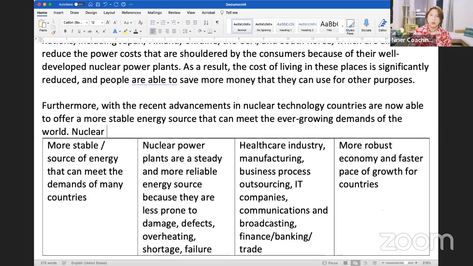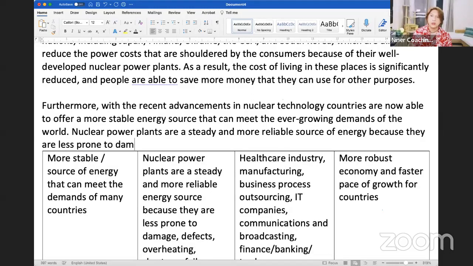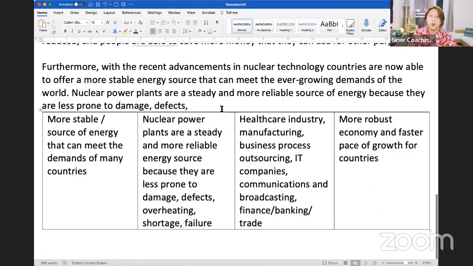Nuclear power plants are a steady and more reliable source of energy because they're less prone to damage, defects, overheating, shortage, or failure.